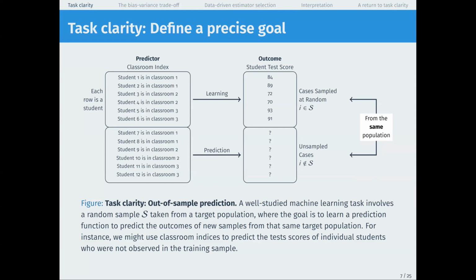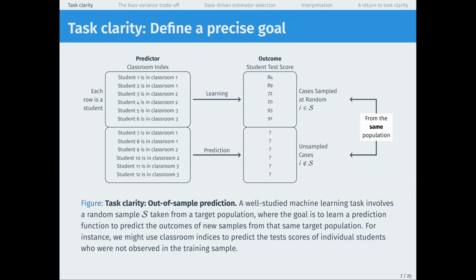And because of that, we can now accomplish a learning task. We can take some algorithm, which could be a statistical estimator or a machine learning algorithm, to learn a mapping between that predictor and the outcome. When I see that a student is in classroom 1, the 2 students in classroom 1 have test scores 84 and 89. So I might predict 86.5 when I see a new student who comes from classroom 1.